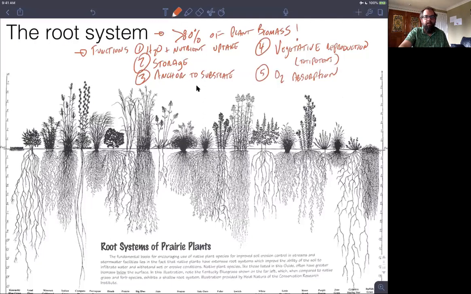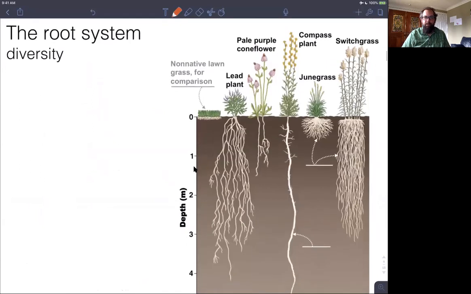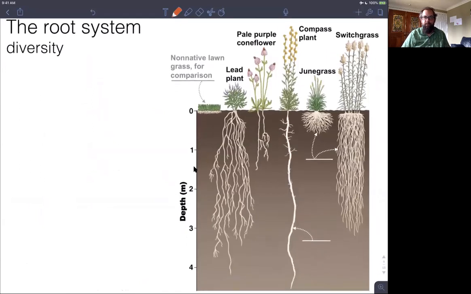Let's look a bit at the diversity that we see in the root system. I'm going to stick with this example of the root system that we see in prairie plants. Here's a figure from your textbook that's a slightly simplified version of what I just showed you. What this shows is that in some plants, we can have a very short fibrous root system, like in these grasses.